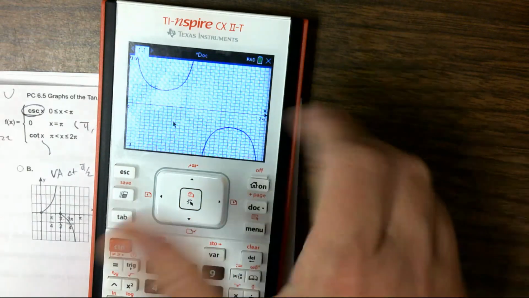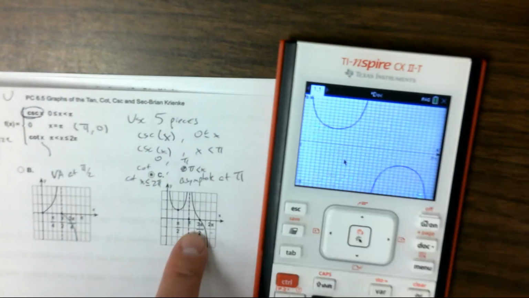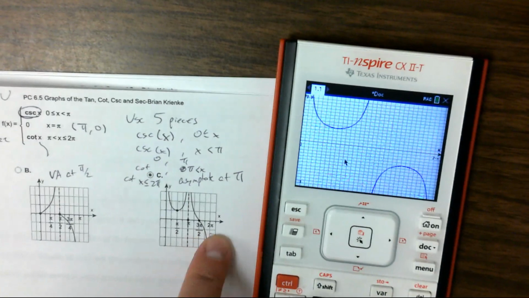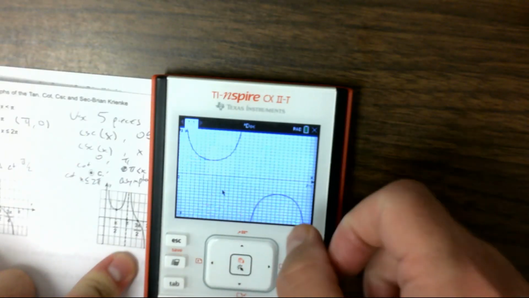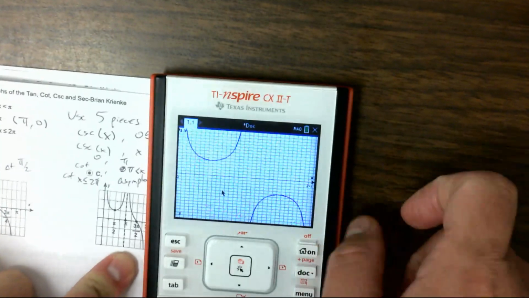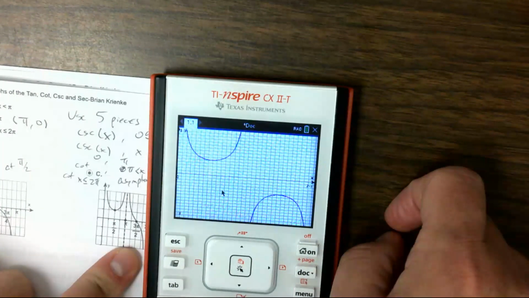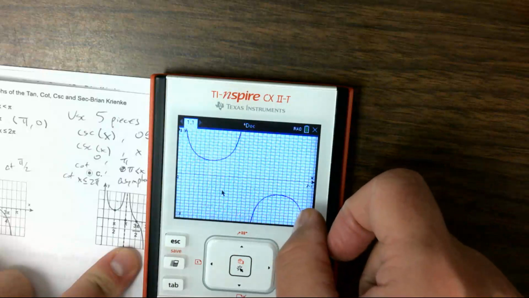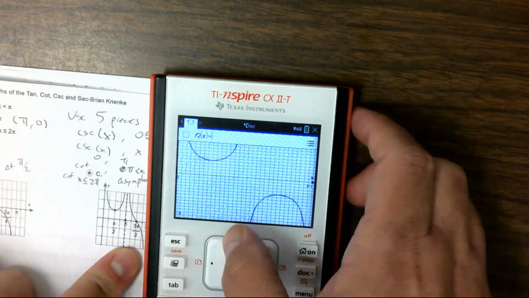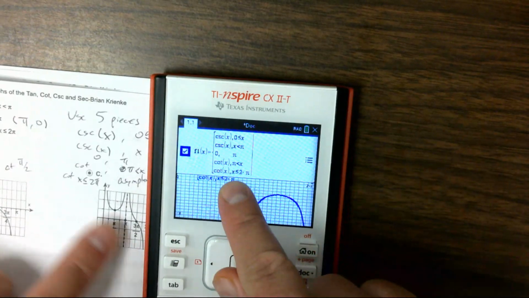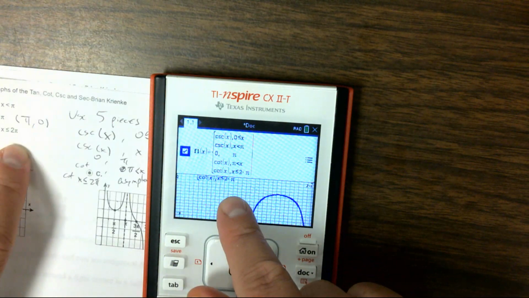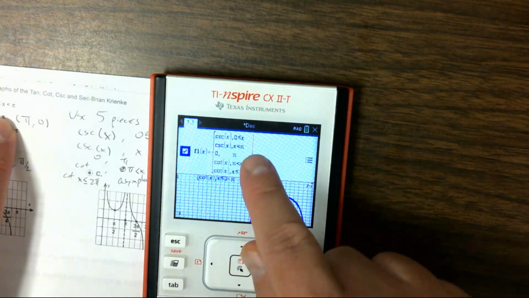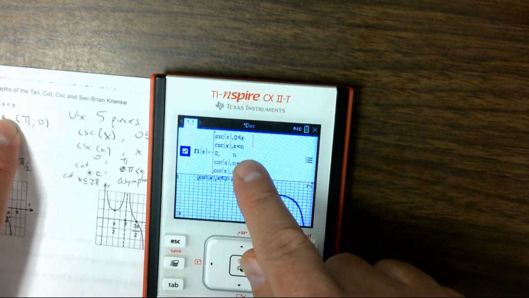See, when I do that, I don't get that. Zero less than or equal to x, x less than pi.